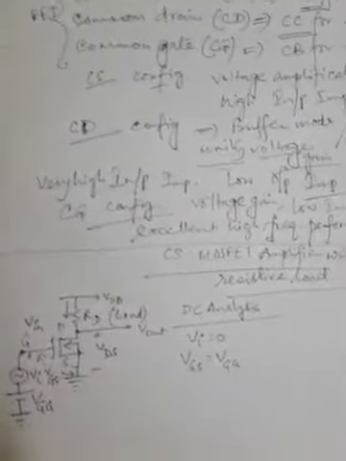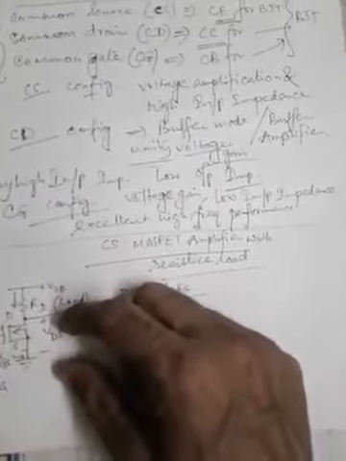Now if we consider the output loop or the output circuit to get the output equation, if ID is flowing because of this plus VDD through this load resistance RD, it will provide us a voltage drop IDRD, and if that voltage drop is subtracted from this VDD, we should get VDS, because this VDD is the whole voltage and VDS is this much between drain and source.